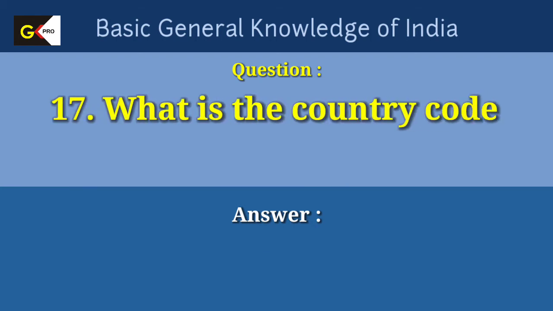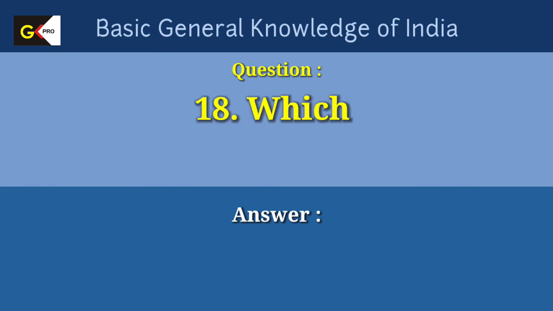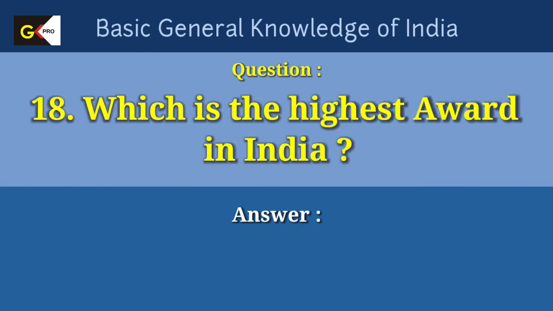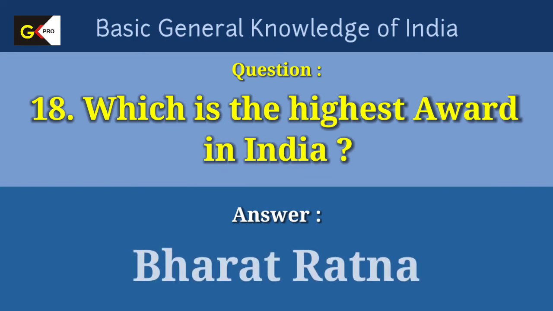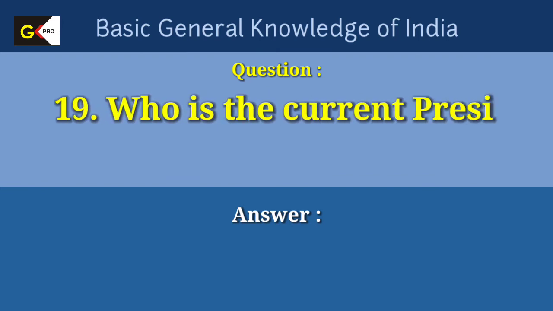17th question. What is the country code of India? Answer is +91. 18th question. Which is the highest award in India? Answer is Bharat Ratna. 19th question.